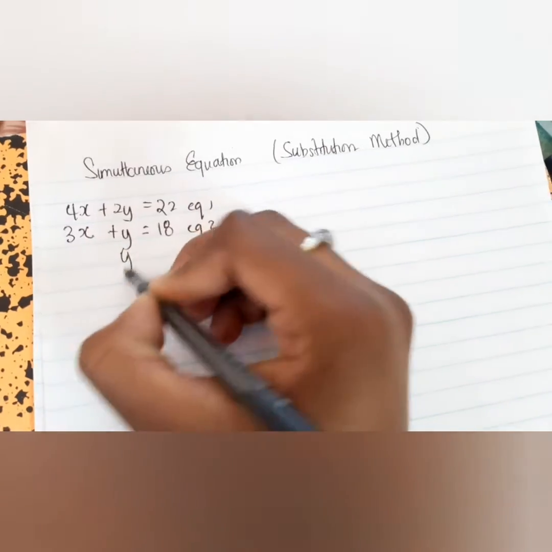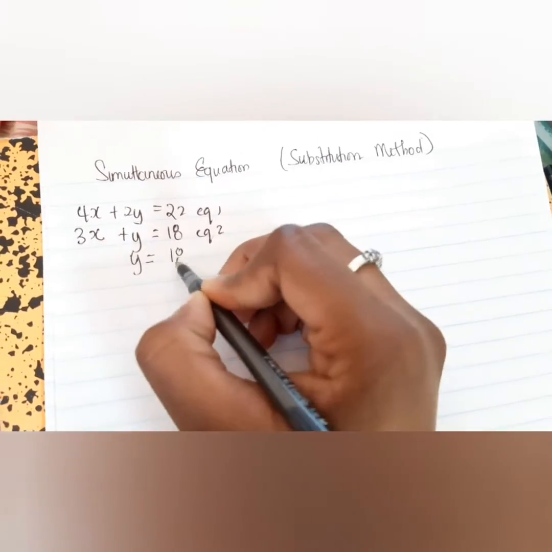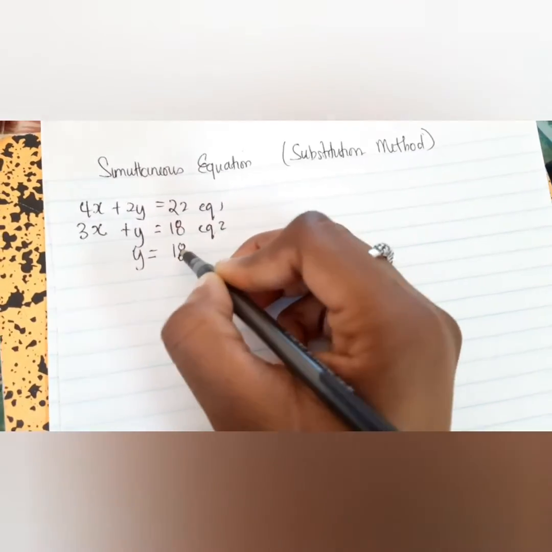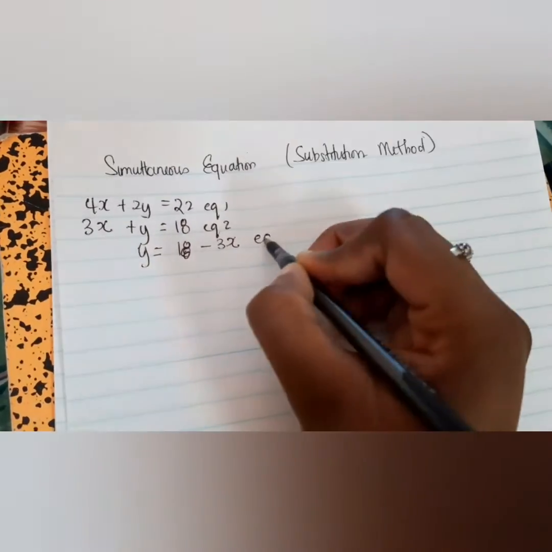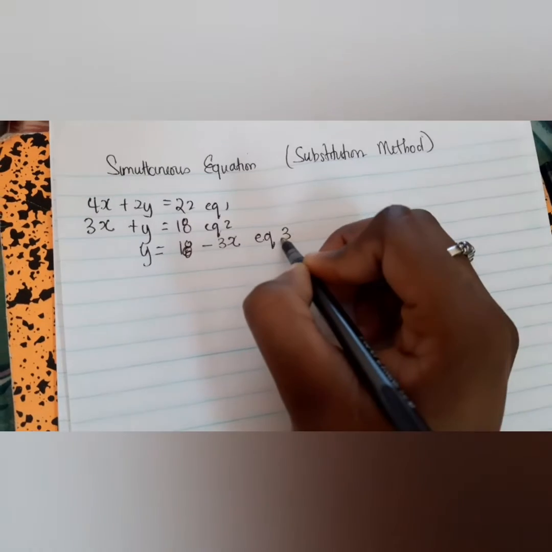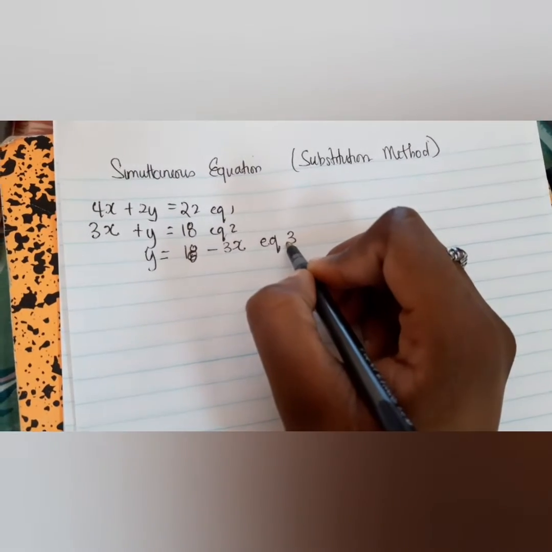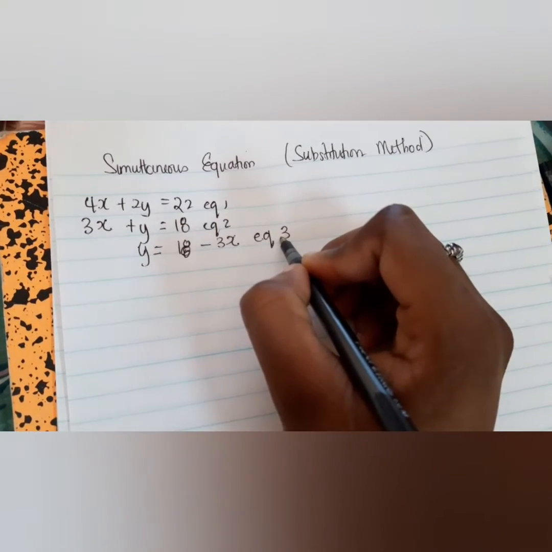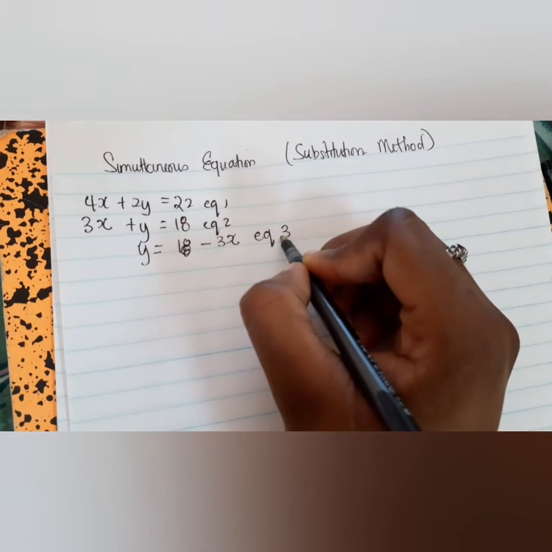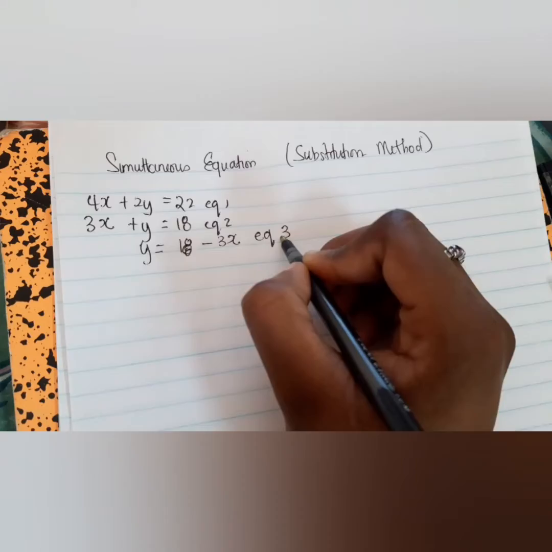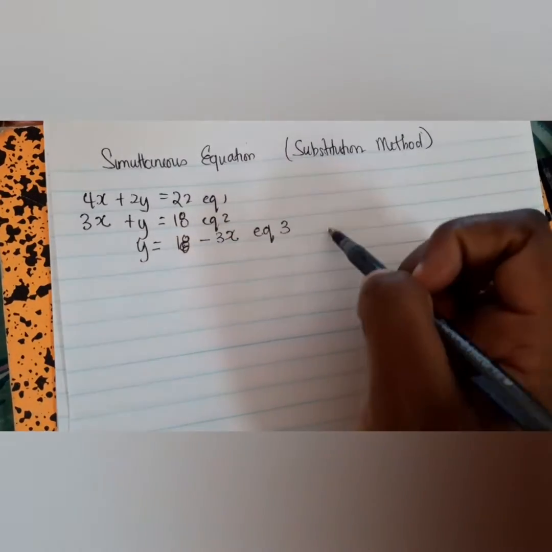So we have y equal to 18 minus 3x, and we have equation number 3. So we are going to substitute equation 3 into equation 1, where we have our y value, since we have y being equal to that.